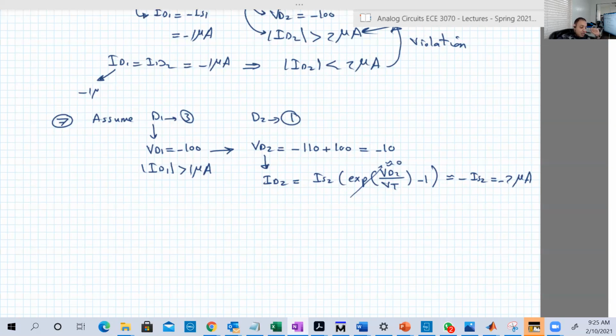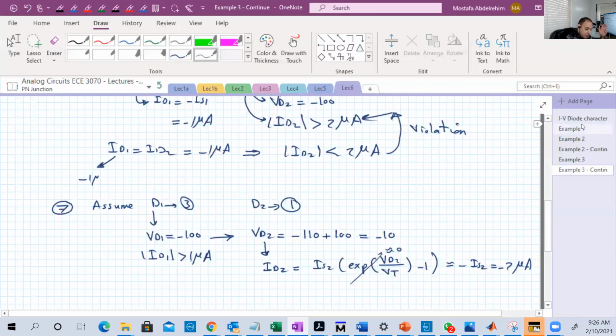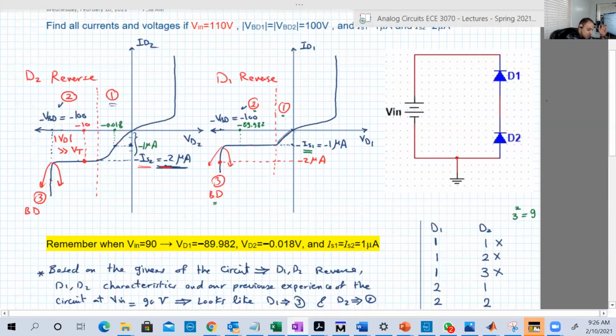One may say, maybe it's 2 and it's working just for D2, just working here at this transition point. That's also a good observation. Okay, it might be. Actually both lead to the same result.